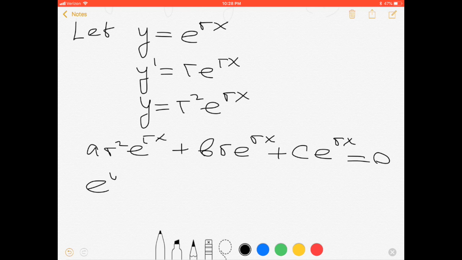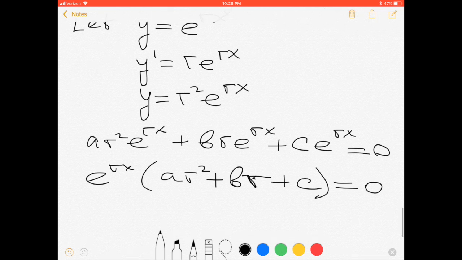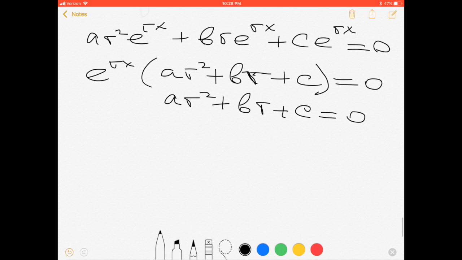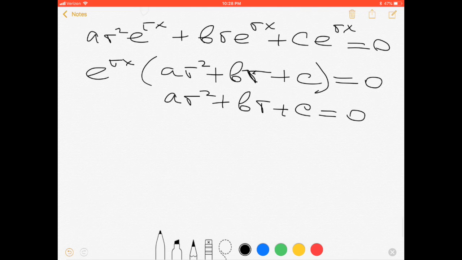Factoring, we have a r squared plus b r plus c equals 0. Because the exponential is non-zero, this equation has a solution only if a r squared plus b r plus c equals 0.